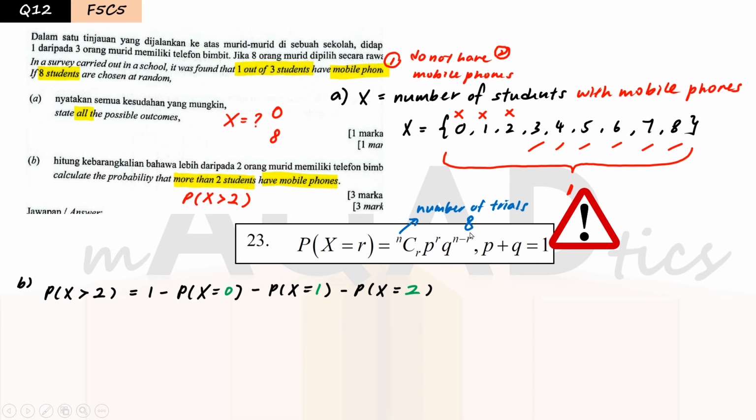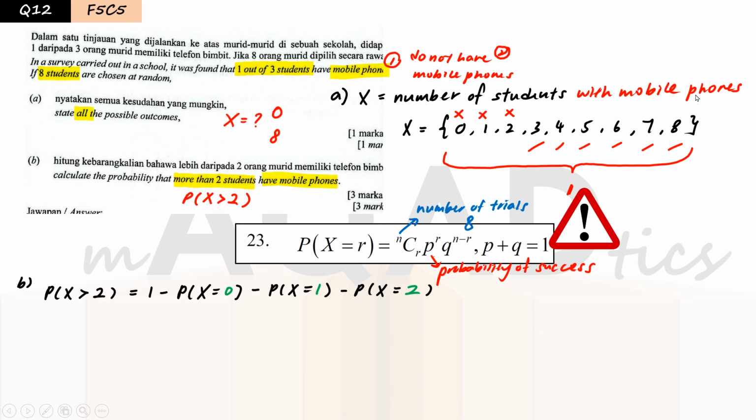Alright? And for p here, p is actually the probability of success. But how do we define success? Well, actually it depends on our perspective just now.